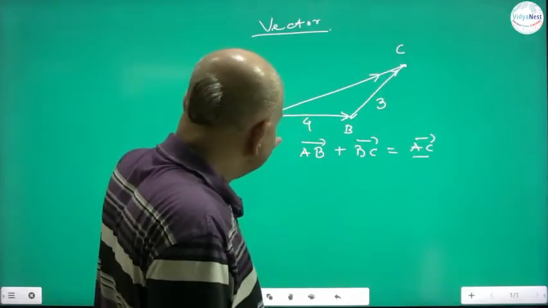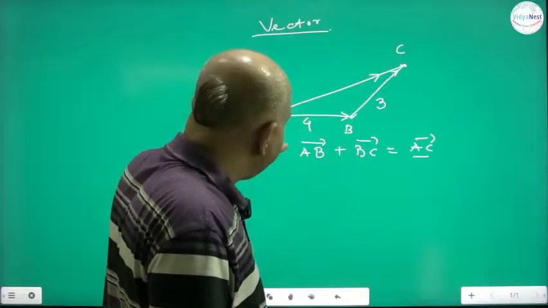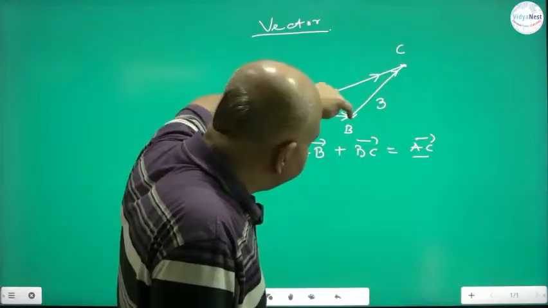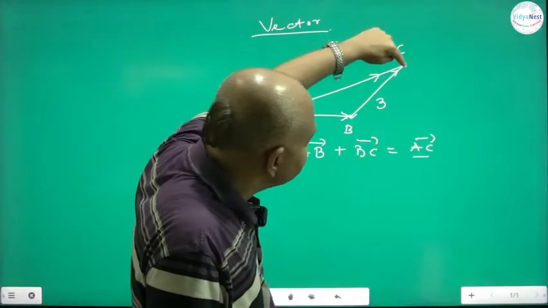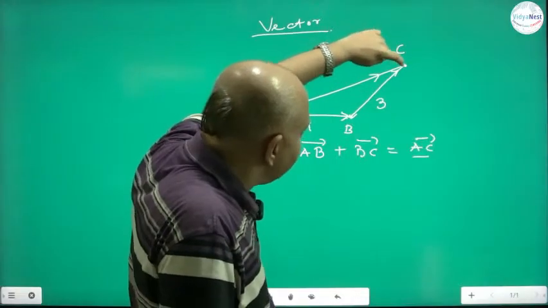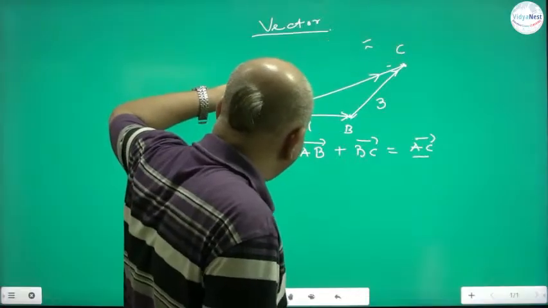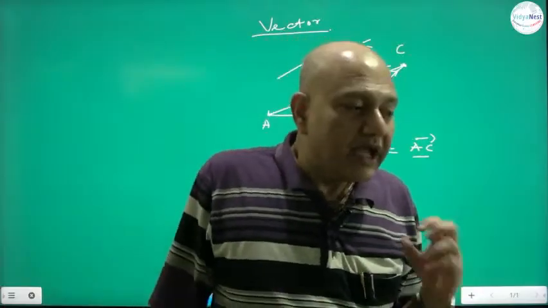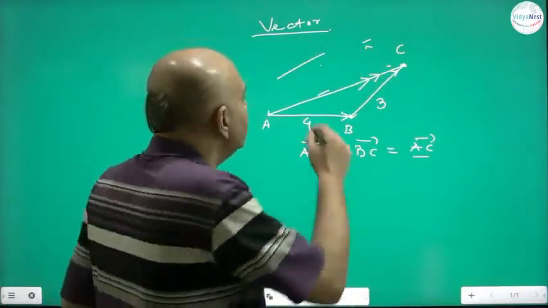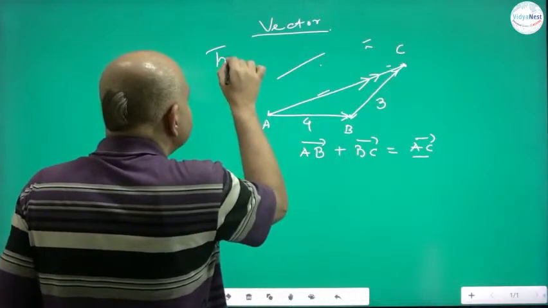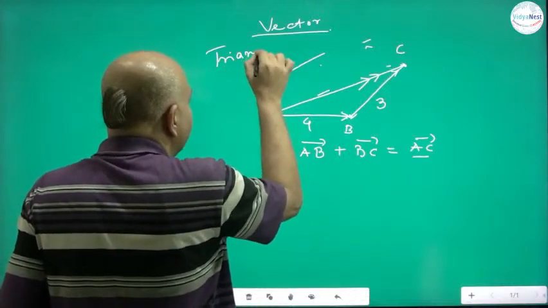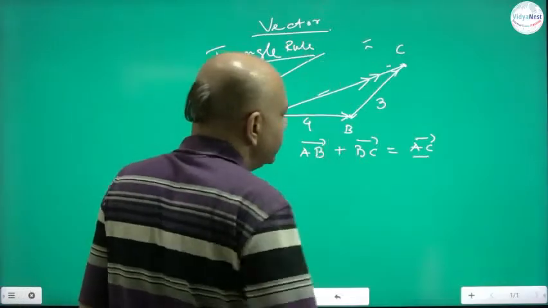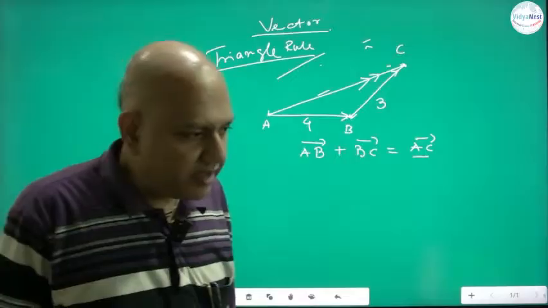Just like the displacement AB, from A to B, starting from A ending at B. Then starting from B ending at C. Then if I join the end point C and initial point A, this is going to give the final addition. It is called the triangle rule.